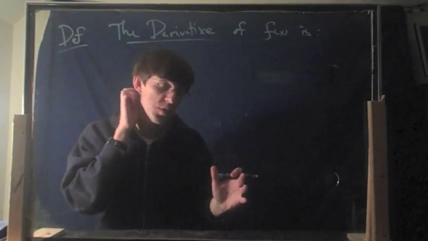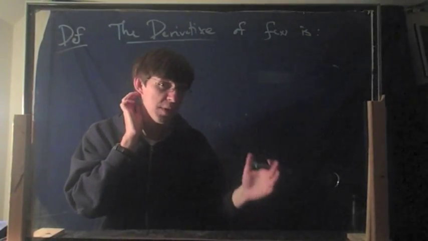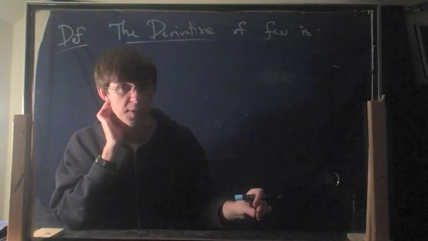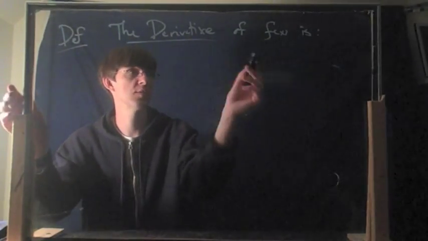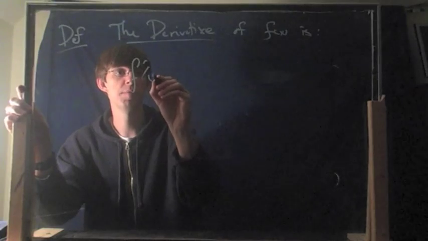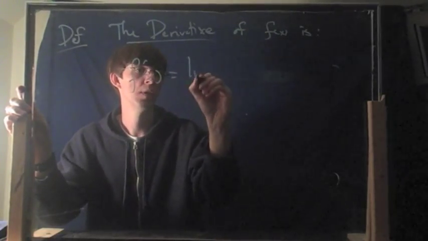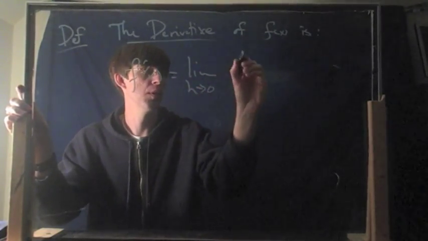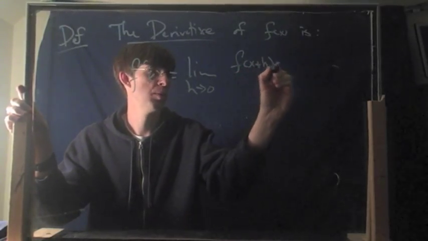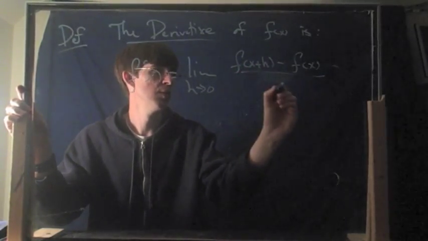It's just the same as the formula for the instantaneous rate of change, only you never plug a specific point in. You just leave the point as x. So f prime of x equals the limit as h goes to 0 of f of x plus h minus f of x, divided by h.